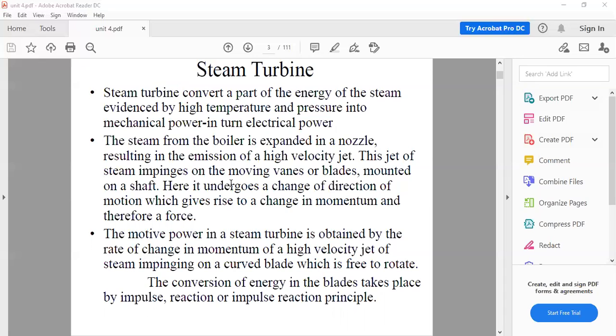So see here, the motive power in a steam turbine is obtained by the rate of change of momentum of a high velocity jet of steam impacting on the curved blade, which is free to rotate. The conversion of energy in the blade takes place by the impulse reaction principle.